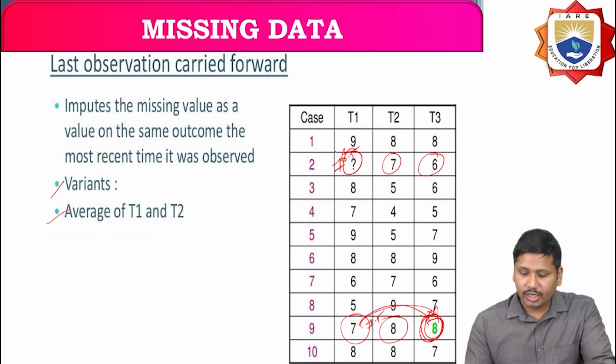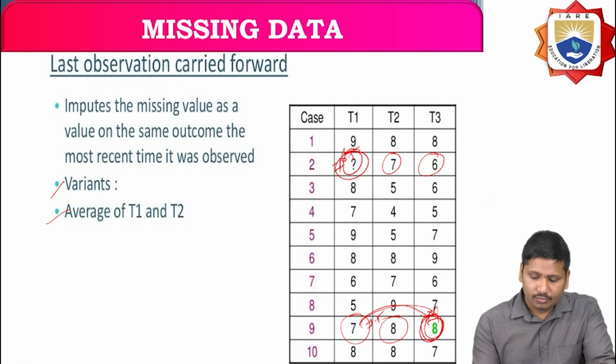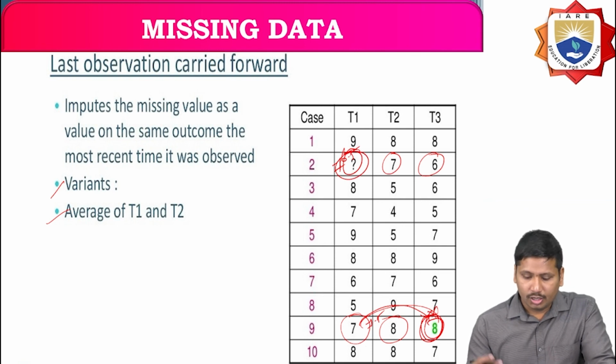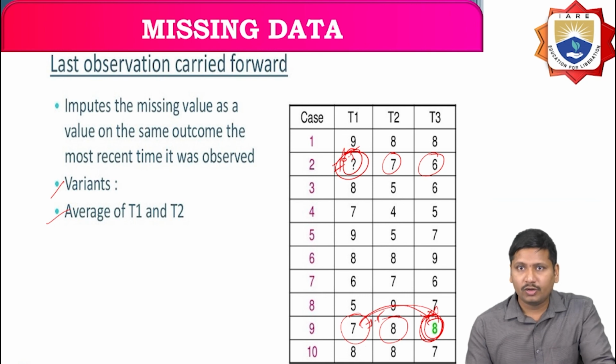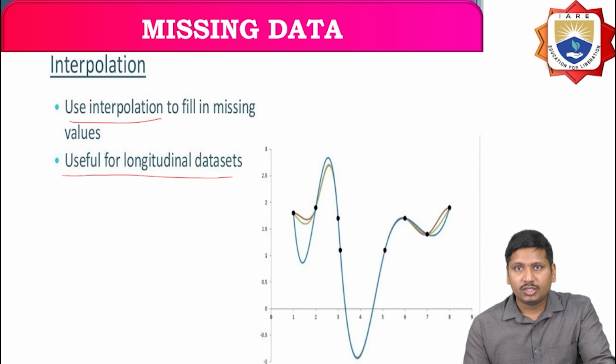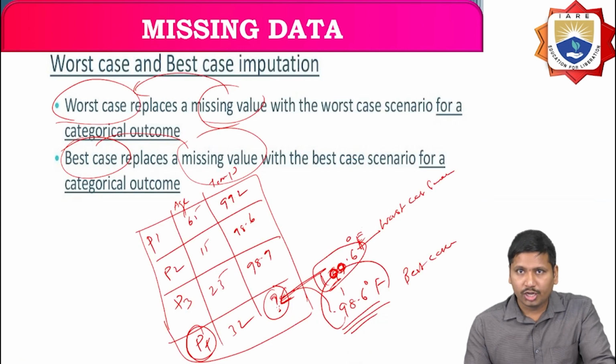And last observation carried forward. Here I can fill the missing value with the variance, or with the average of the previous two columns. That is last observation carried forward. And I can also fill the missing value with interpolation. And then I can fill the missing values based on the worst case and best case application.